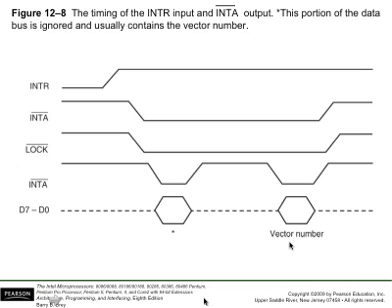This vector number is going to be read by the microprocessor, and it is used to determine the number of the interrupt, from 20 to FF, what is the exact number.